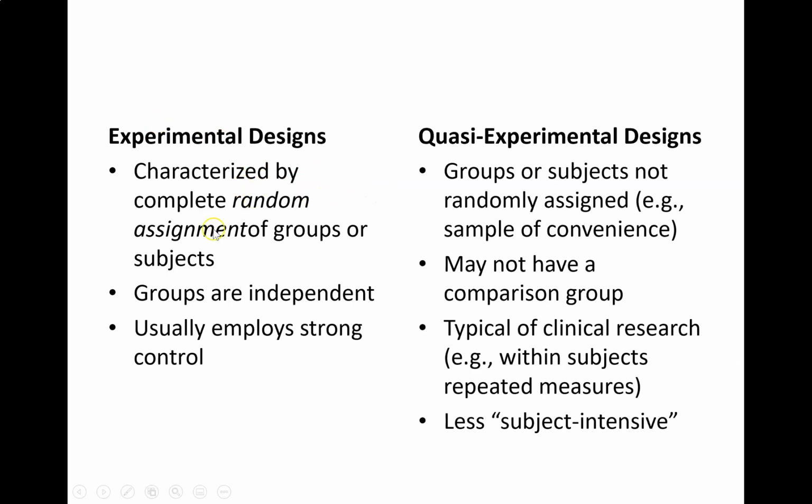Experimental design is characterized by complete random assignment of group or subject, and groups are independent, and we usually employ a strong control environment. Whereas in quasi-experimental design, a group or subject is not randomly assigned, meaning that you select the sample and may not have a comparison group. Typically in clinical research, it is within subject, repeated measure, and it is less subject intensive.